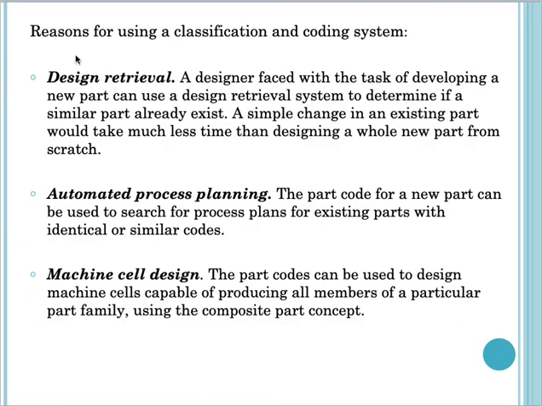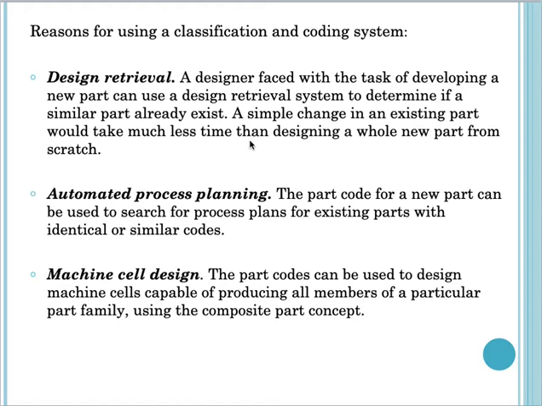And if you see the reasons for using a classification and coding system, first is design retrieval: a designer faced with the task of developing a new part can use a design retrieval system to determine if a similar part already exists. A simple change in an existing part would take much less time than designing a whole new part from scratch, isn't it?